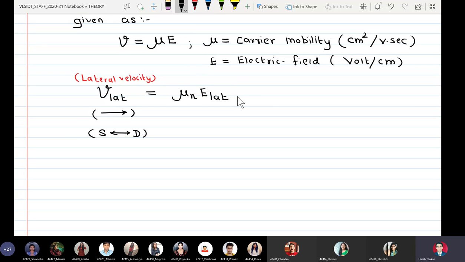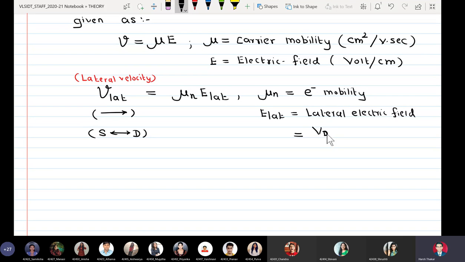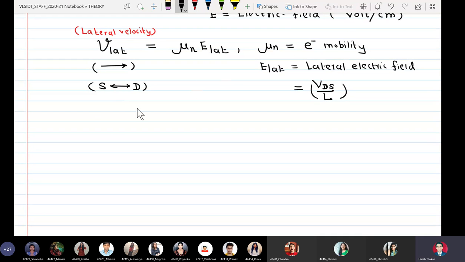Here mu n is the electron mobility and E lat is the lateral electric field, which we already defined as the drain to source voltage upon the channel length L. Therefore, v lat is proportional to the lateral electric field.